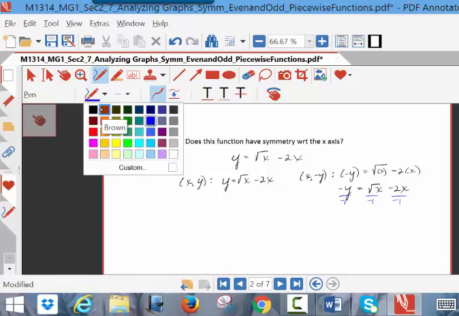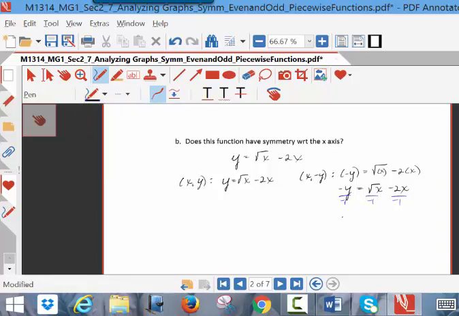When I do that, this equation then becomes positive y equals a negative in front of the radical, plus 2x. So now we compare, and they're not the same. So the second ordered pair did not satisfy the equation. Therefore, it does not have symmetry with respect to the x-axis.